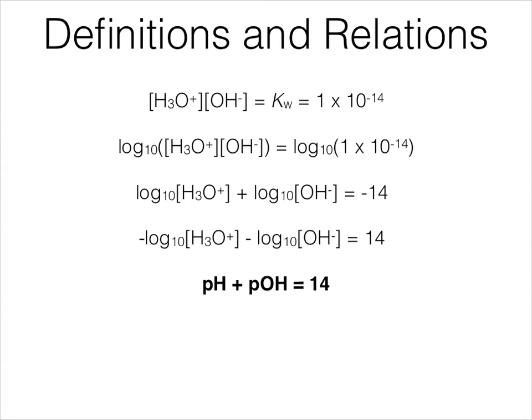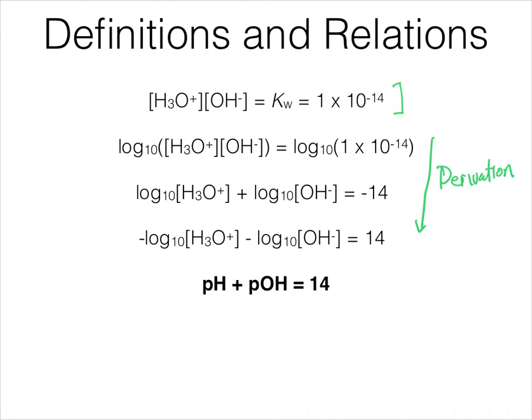Okay, so some more definitions and relations. We talked about this one just a little bit ago, that Kw is equal to 1 times 10 to the minus 14. So what I'm working here, this is what we call a derivation.